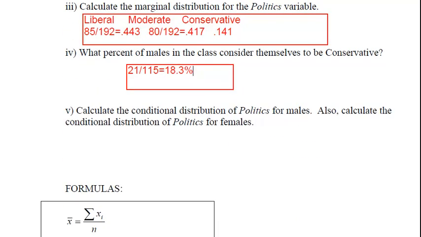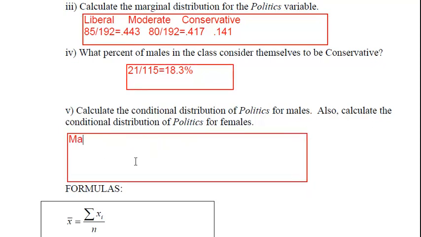So again, I can label everything. This is for the males. We'll label it liberal, moderate, conservative. And then for the percent, I'm always dividing by the same number. So I have 50 divided by 115, that's equal to 0.435.